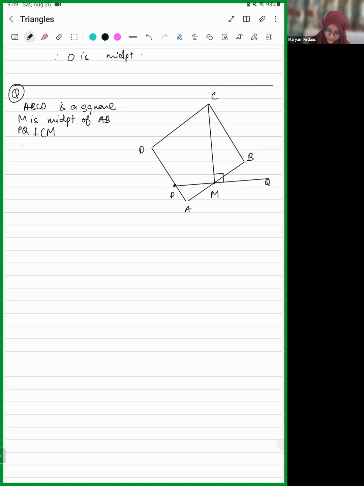Prove that PA is equal to QB. PA means this thing, and QB means this thing over here. This is Q, this point.